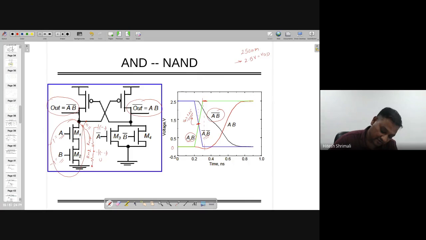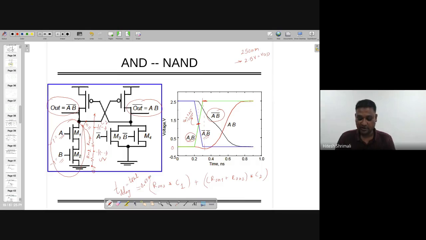So by looking at the 0 volt at the output, you can find that the propagation delay is RON2 times C1 plus RON1 plus RON2 times C2. In this case, it will be high to low, so you can also call this one TPHL, multiplied by 0.69, is going to give you the number.